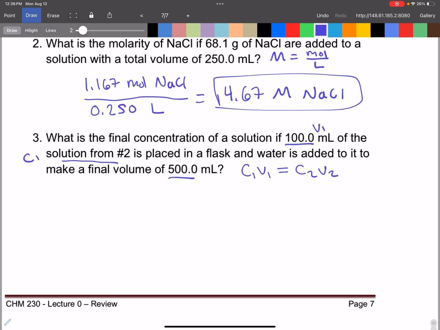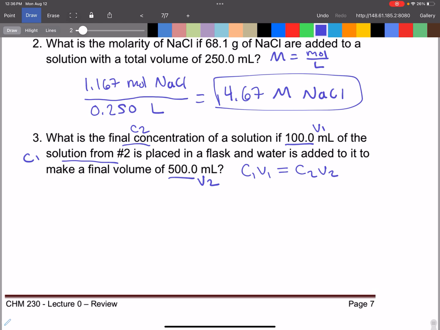And then we are diluting that into a total of 500. So 500 is our V2, our final volume. And what we don't know, and what we're asked to find, is the final concentration. The final concentration, that is C2, right? So I'll put these things into the equation the way it's written, and then we'll shift some things around.